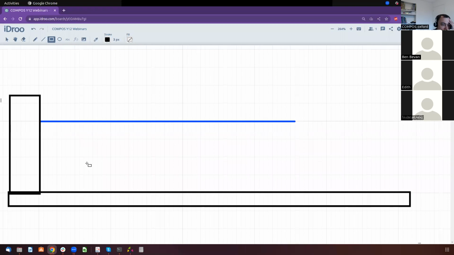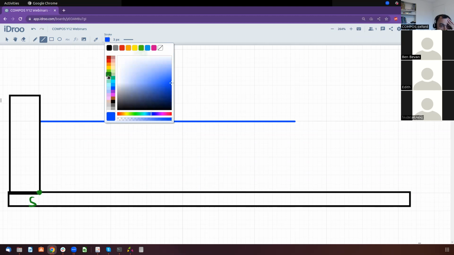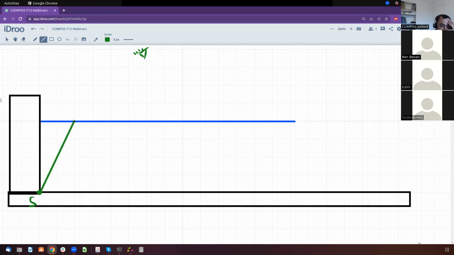Let's say you are standing somewhere here. This is your eye. And light is traveling from point S. We usually put S as the source of light. And light travels like this, and then refracts into your eye.